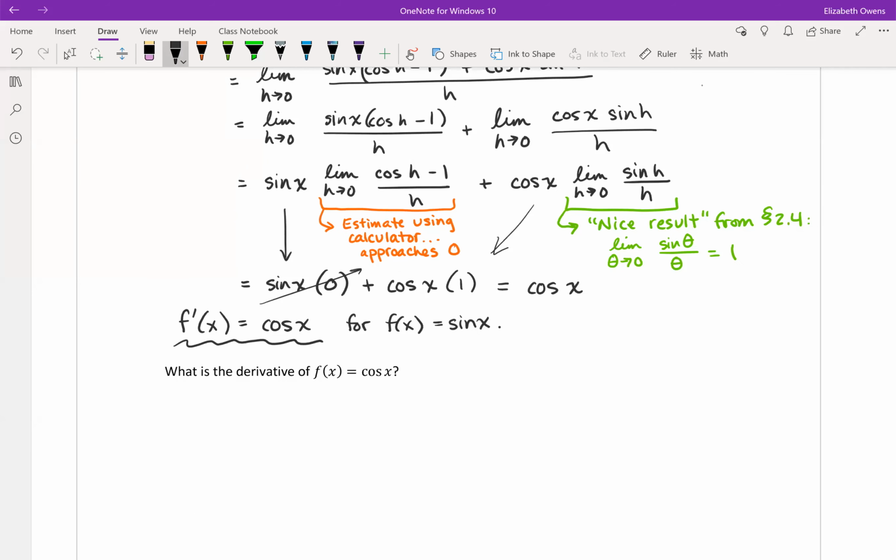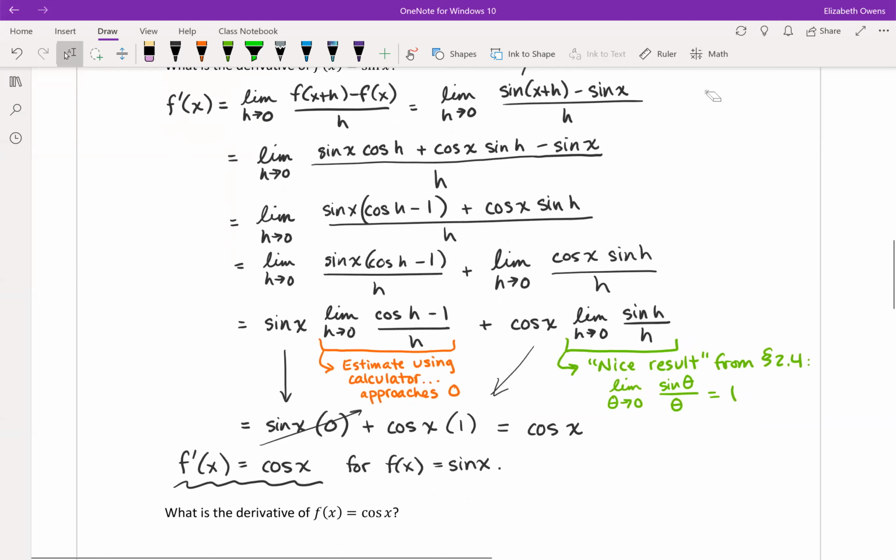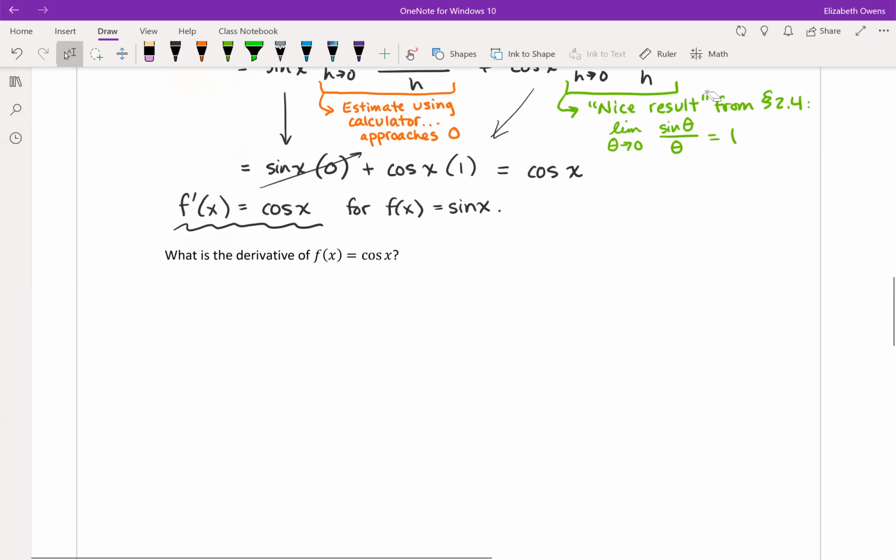Next, we're going to do a very similar exploration to find the derivative of the cosine function. So now, our original function f of x is cosine x. And just like we did for the sine function, we're going to go back to the definition of the derivative.